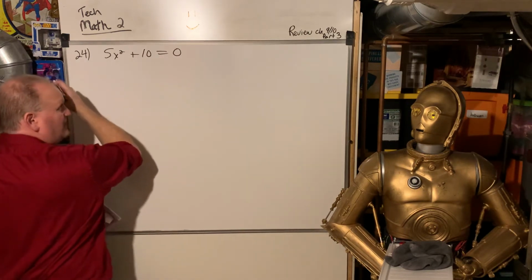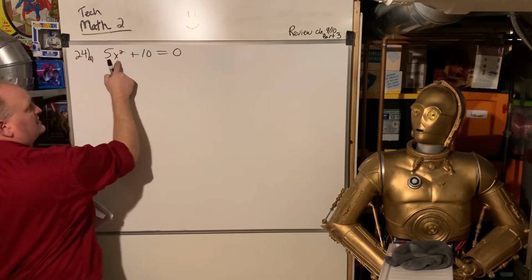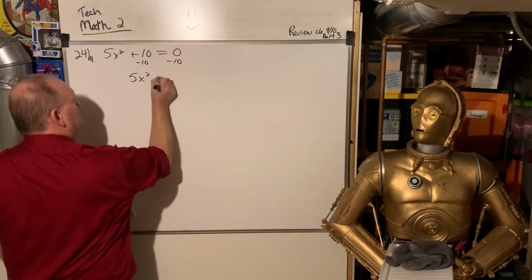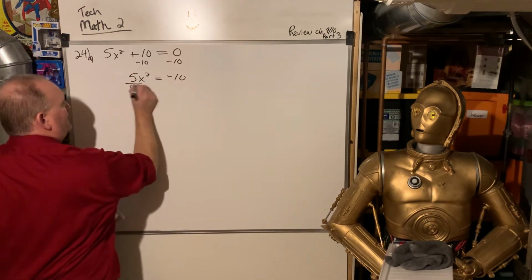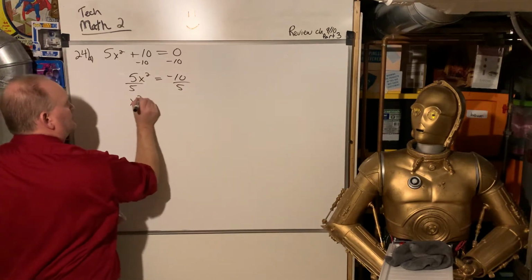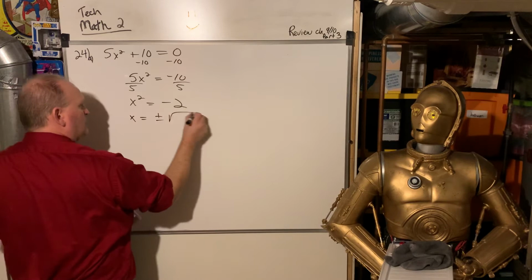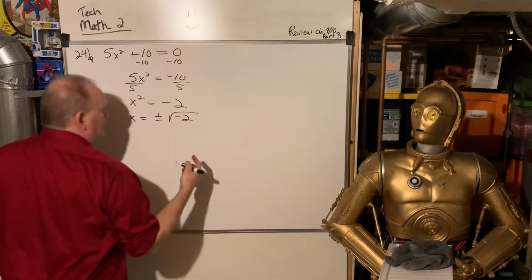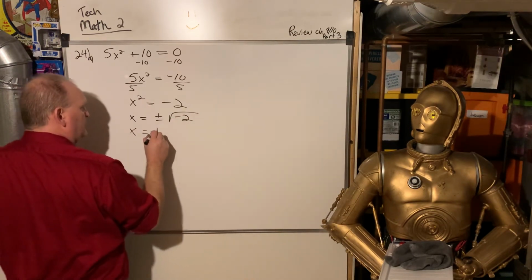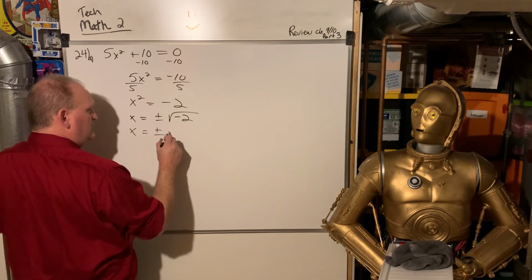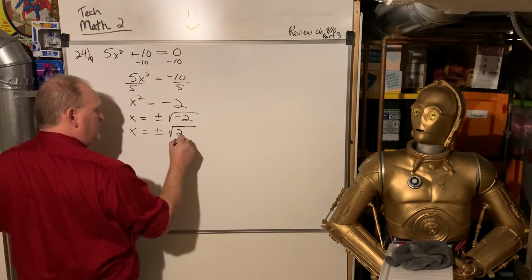This one's easy to solve. Because there's only a single variable, we can isolate it. Even though it's a second degree, divide by 5. X squared is equal to -2. So x is equal to plus or minus the square root of -2. And now plus or minus, that's the square root of 2 times j squared.